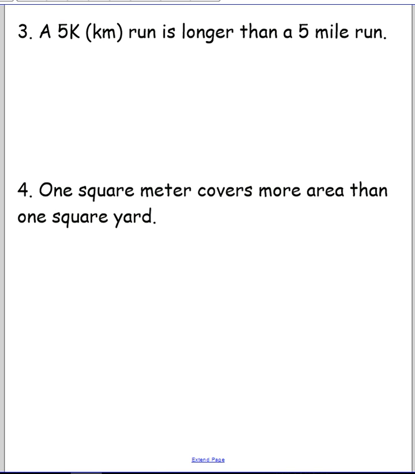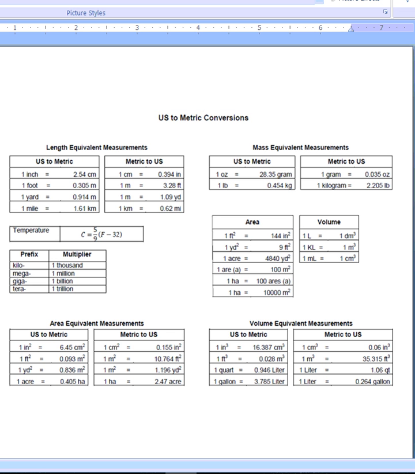For number 3, a 5K or a 5-kilometer run is longer than a 5-mile run. Let's see which one is bigger. And so again, you can go to your chart to help you look at that. So here's our miles to kilometers up here on the top left.